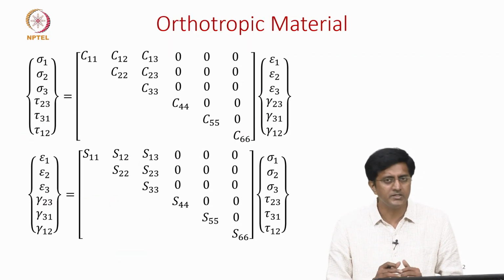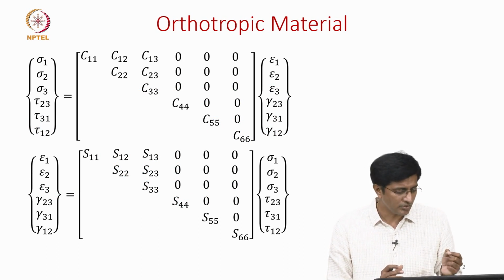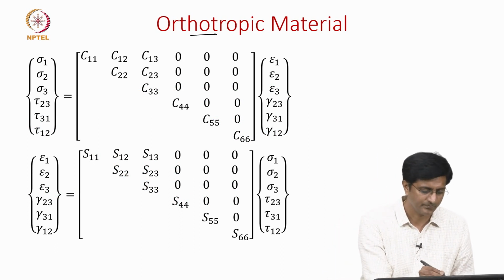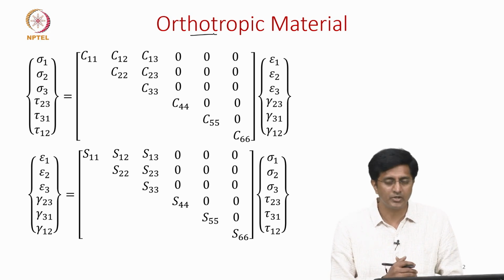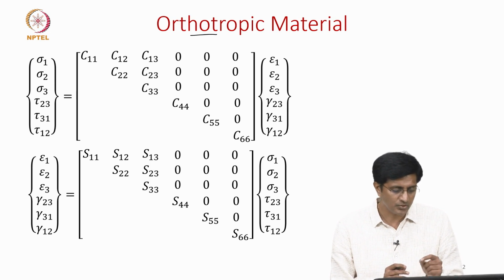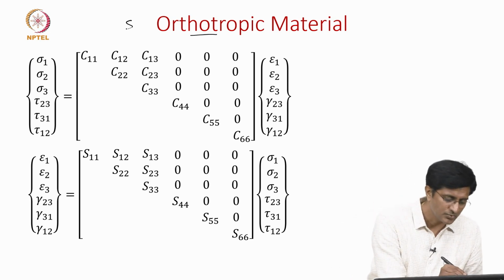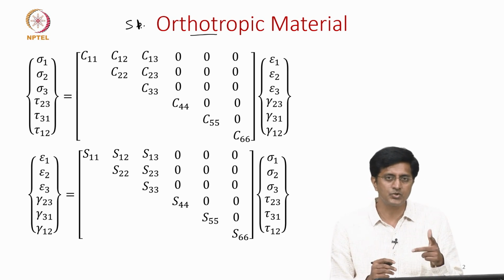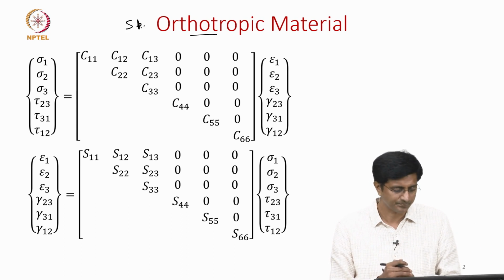So, just to recap, last class we showed the stress strain relations and the strain stress relation for an orthotropic material. And maybe I should repeat again, since most of the components are going to 0, this is actually for a specially orthotropic material where the coordinate system chosen is aligned along the 3 principal directions.